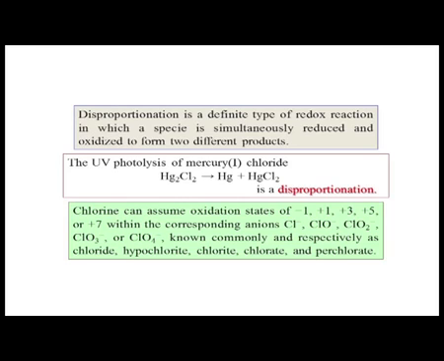One is mercury in the +1 oxidation state, which is mercurous mercury, and on the right hand side after this photolysis reaction, we get mercury in the elemental form, that means mercury in the 0 oxidation state, and the oxidized form, which is mercury 2 chloride, or we call it mercuric chloride.